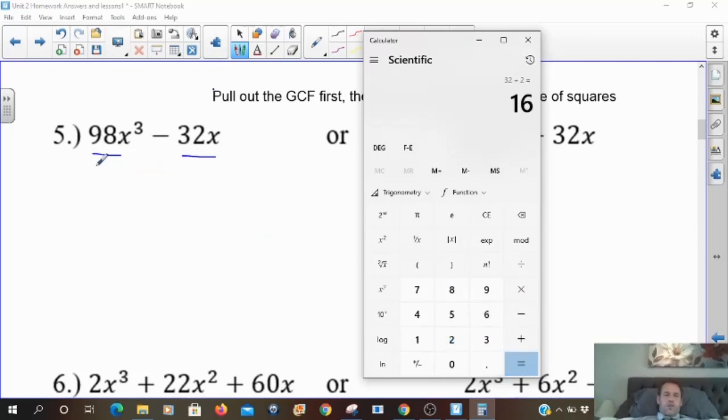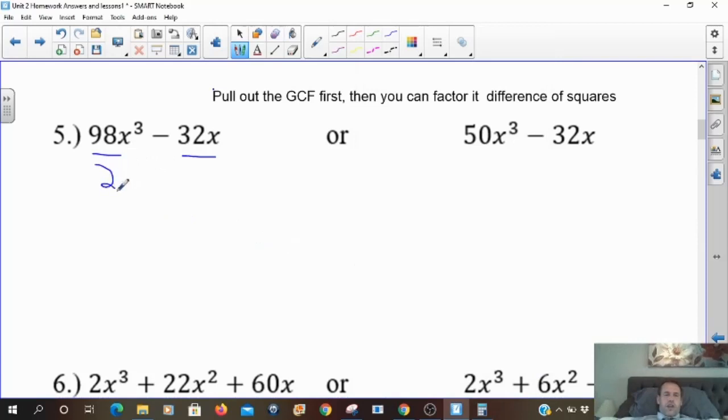So we're going to go ahead and just pull out a 2. Both have a 2 there. Pull out a 2, pull out a 2. And then they both have an x in common, right? This is 1x here. And this technically has 3 of them, so we're just going to pull out 1 though. And so we're going to go and pull out a 2x. So when you pull out a 2x, then see what's left. So 98 divided by 2, we just figured out is 49.